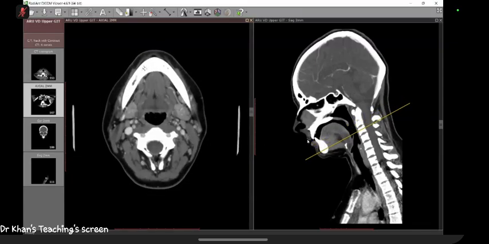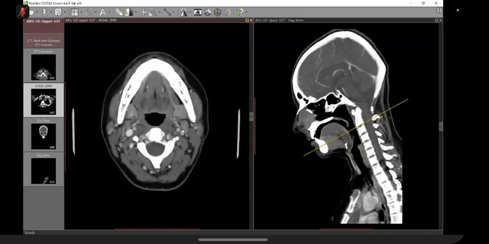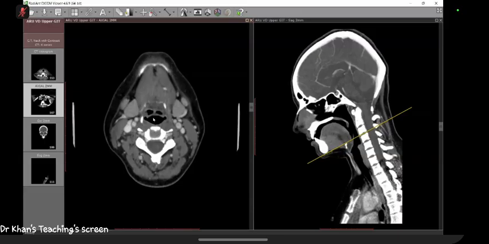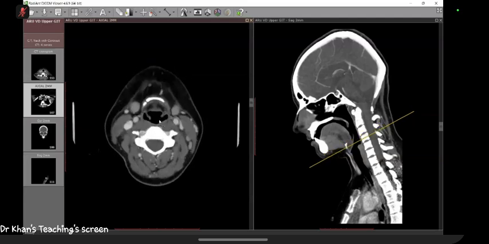Now we are going down. If you see the epiglottis, this is the epiglottis sitting here, right? So we are going down. Now you can see those valleculae. This is the epiglottis, valleculae, the glossoepiglottic fold. And this is the piriform sinus. And as we are going down, you see this is the piriform sinus.